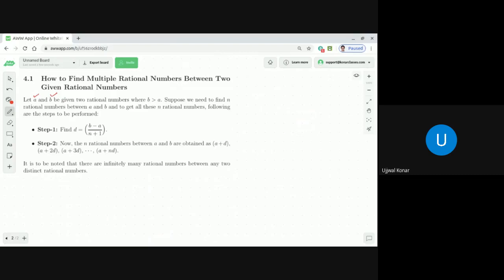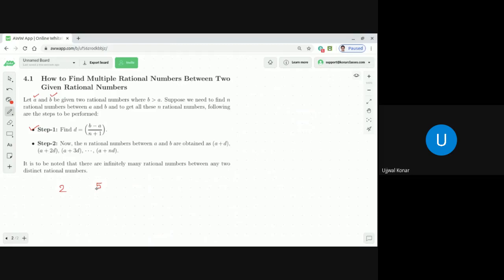Step 1 is that we need to find a value D, which is (B minus A) by (n plus 1). For example, let's take two numbers. The first number is 2 and the second number is 5. In between 2 and 5, we need to find 4 rational numbers.